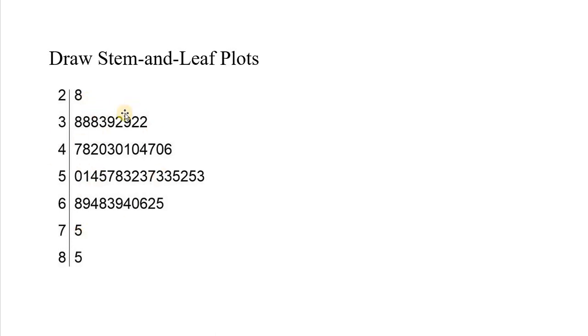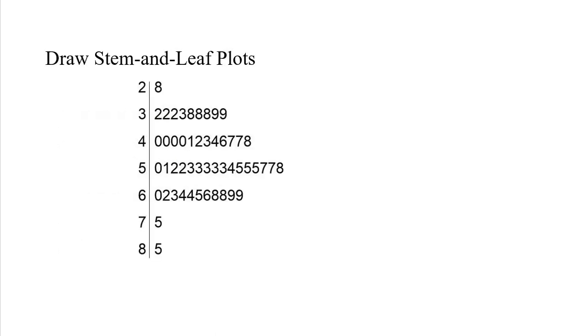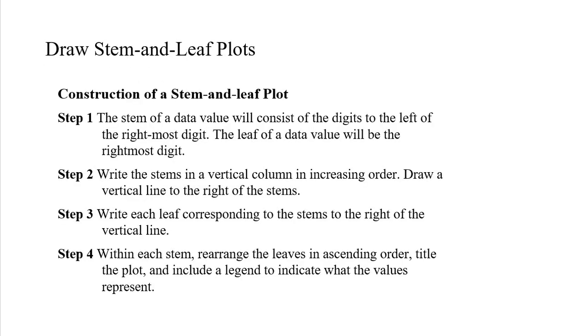That is not quite organized because, as you can see, the leaves are not in order. So the next step is to order them from smallest to greatest, and that is going to look better. So this is how you're going to create a stem and leaf. Let's say one leaf is too long. We can basically split it into 2 stems and repeat the stem, and that is going to be okay.